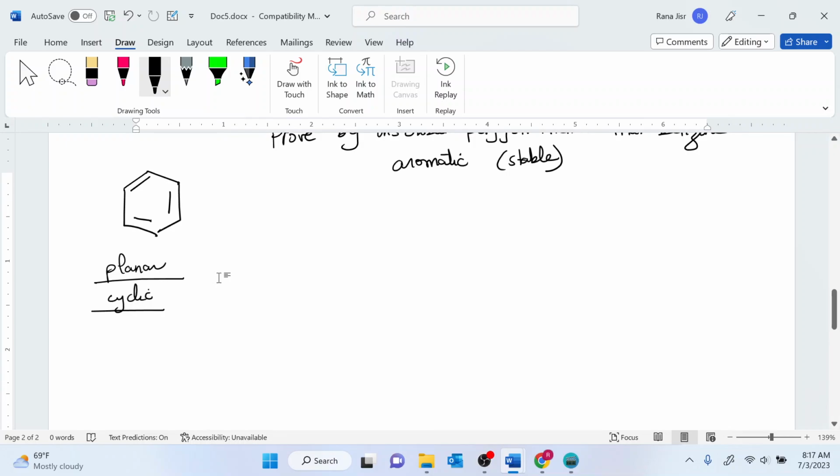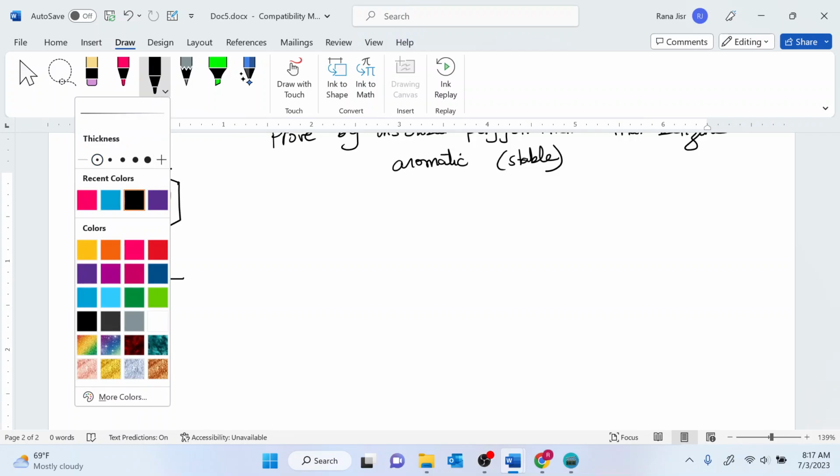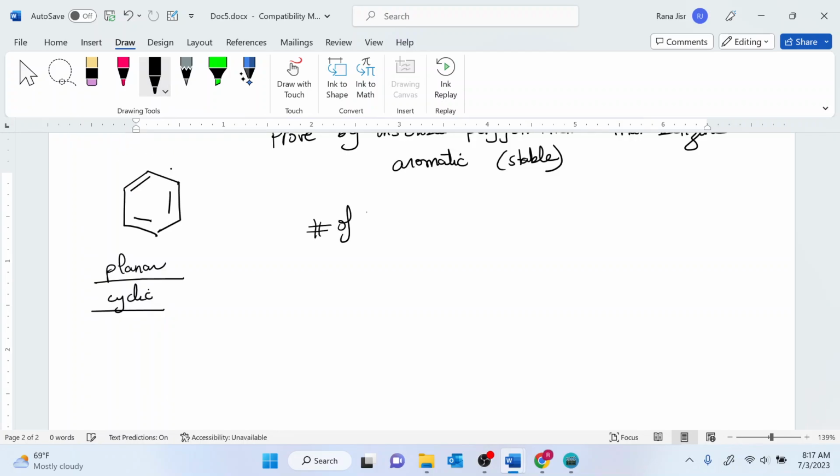So to do this, first of all, I need to know how many pi molecular orbitals benzene has. The rule says that the number of pi molecular orbitals is equal to the number of p atomic orbitals. So this is the first thing you need to figure out: how many pi molecular orbitals does benzene have, so that you can draw them?